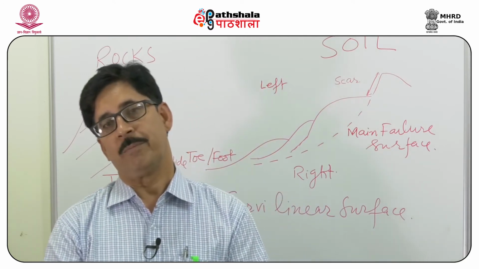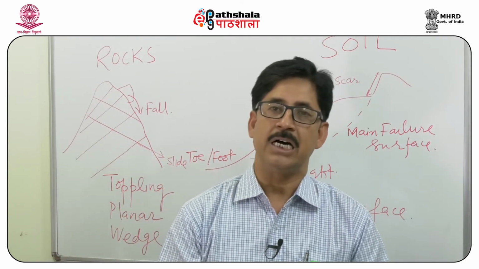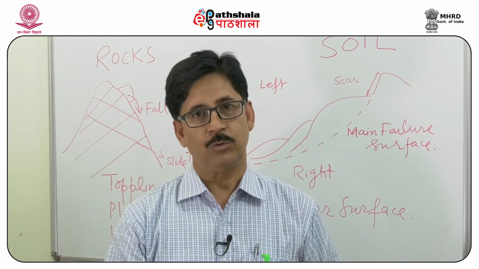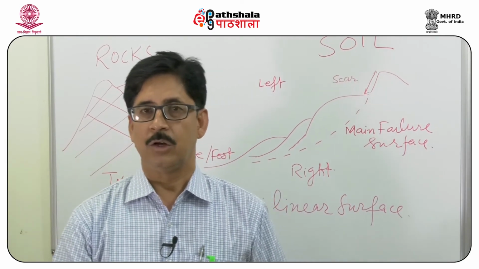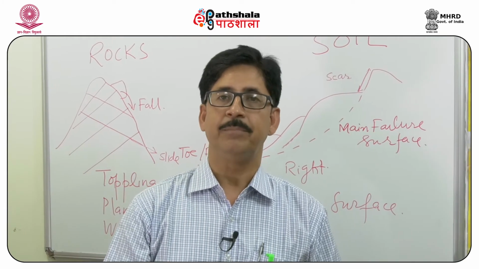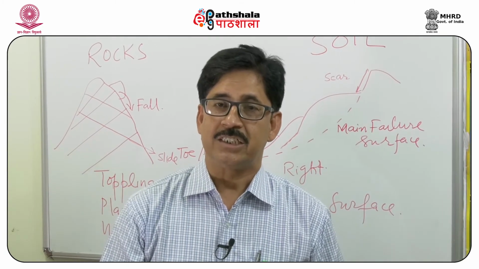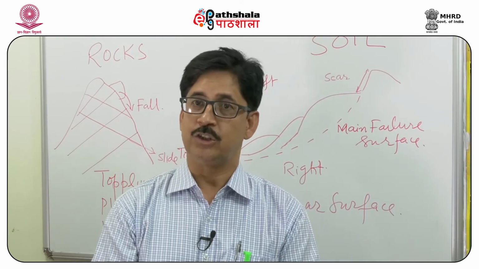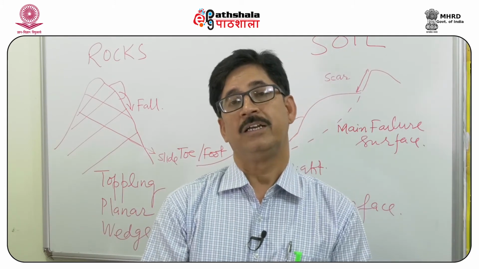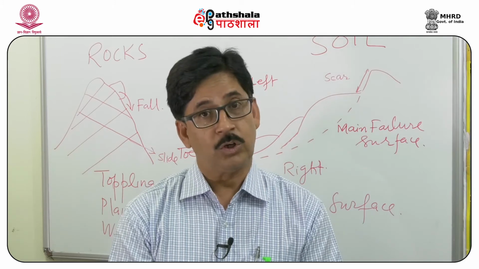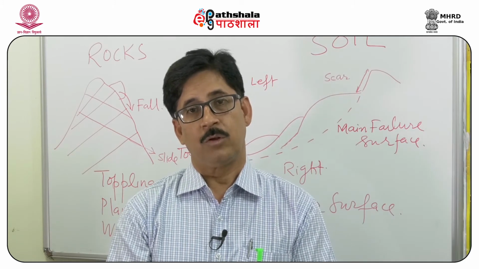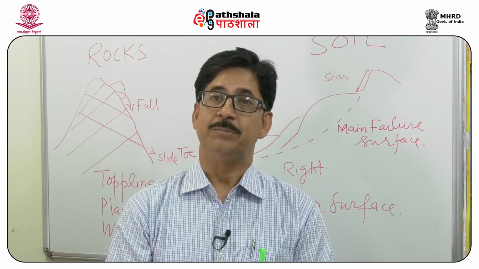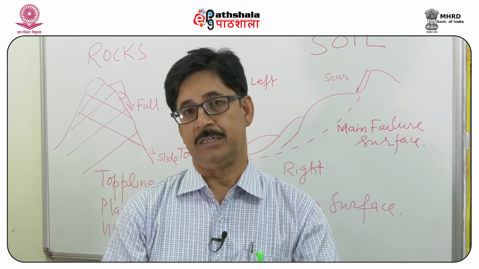We can do this by incorporating different aspects of that slope, which include the geology of the slope, that is, what kind of rocks are there, what is their attitude, that is strike and dip, what deformation structures are present on the slope, especially shear zones and the nature of joints, what is the groundwater condition on the slope, what is the vegetation present, and how the slope has been used in the past.